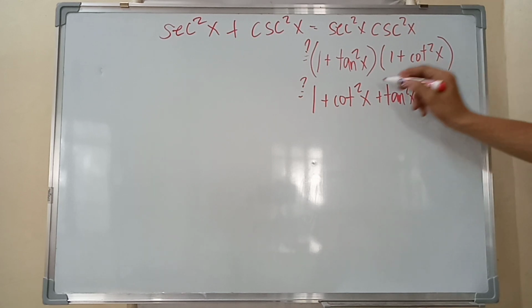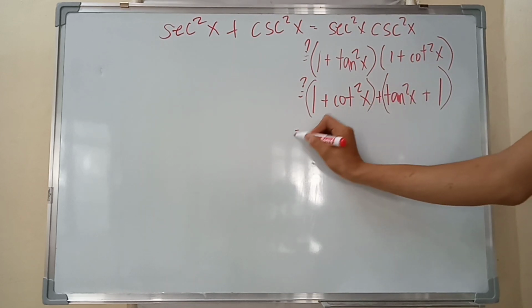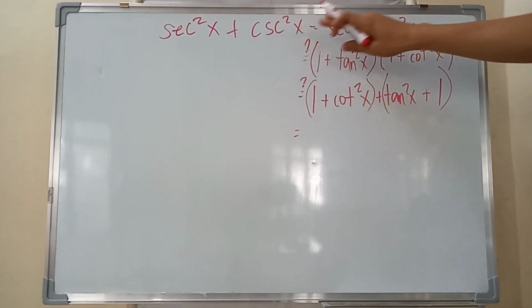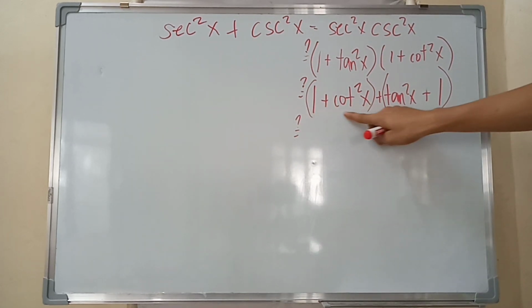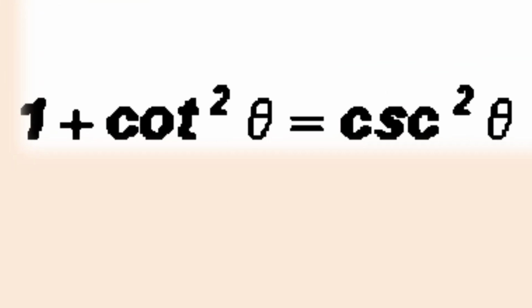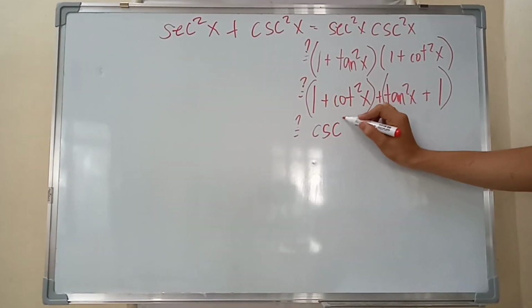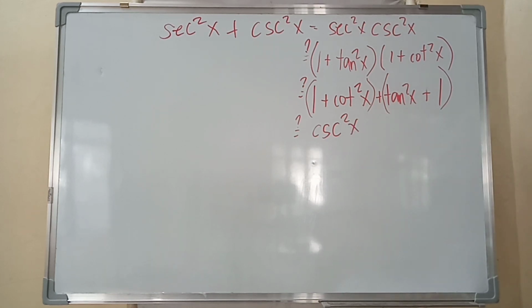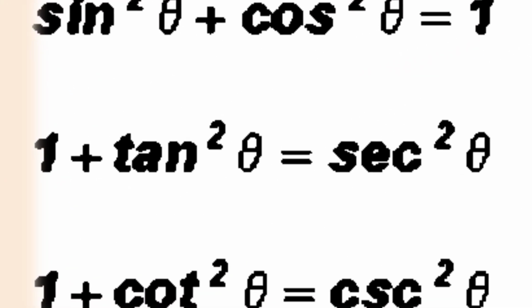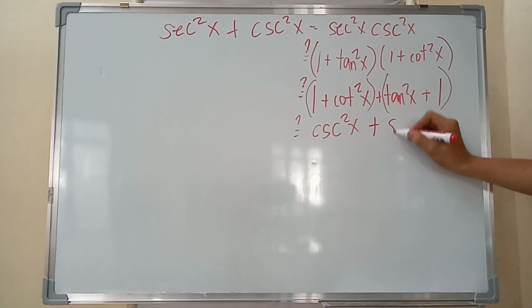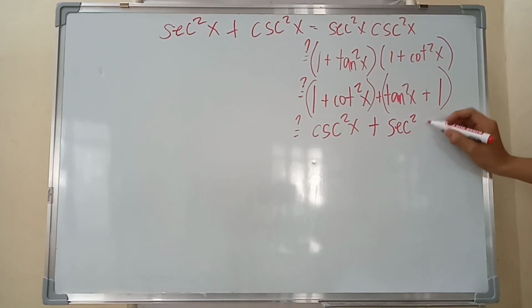So, next, i-close natin to. So, ang secant squared x plus cosecant squared x is equal nga ba. So, ang 1 plus cotangent squared x is cosecant squared x. Tama? So, balikan nyo yung notes nyo sa Pythagorean identities. And yung tangent squared x plus 1 is equal to secant squared x.